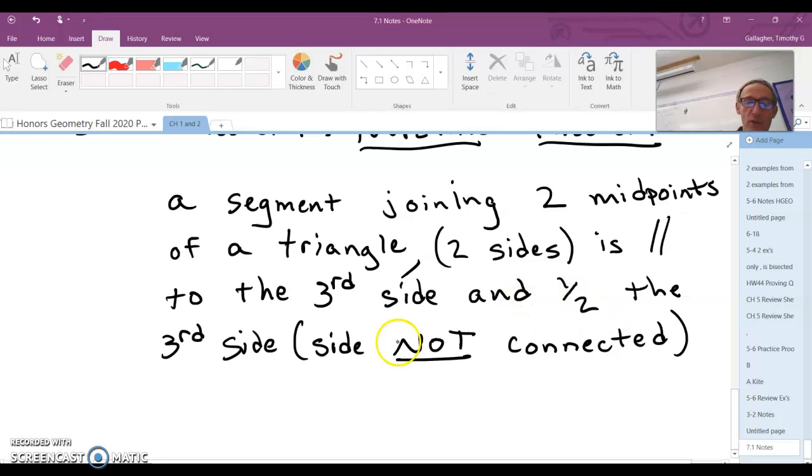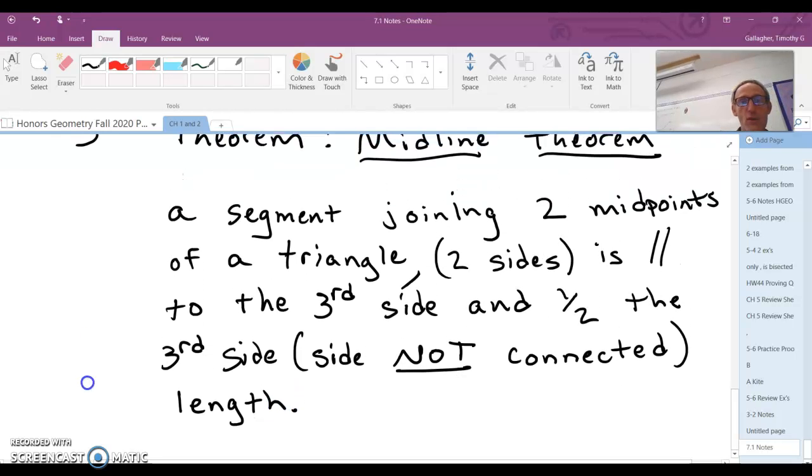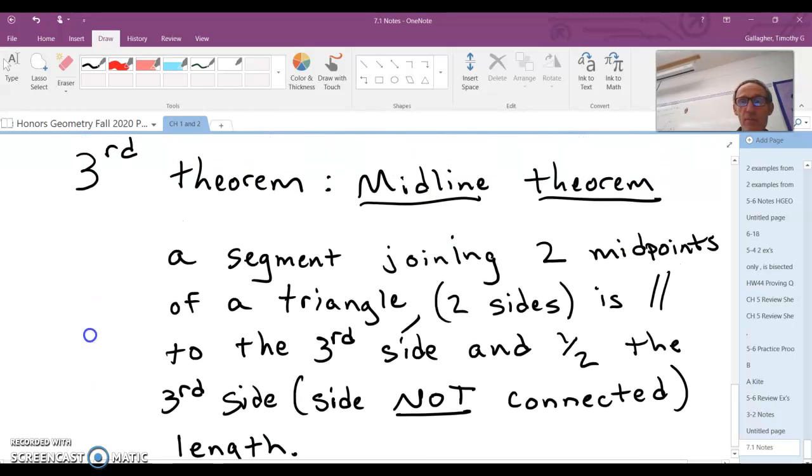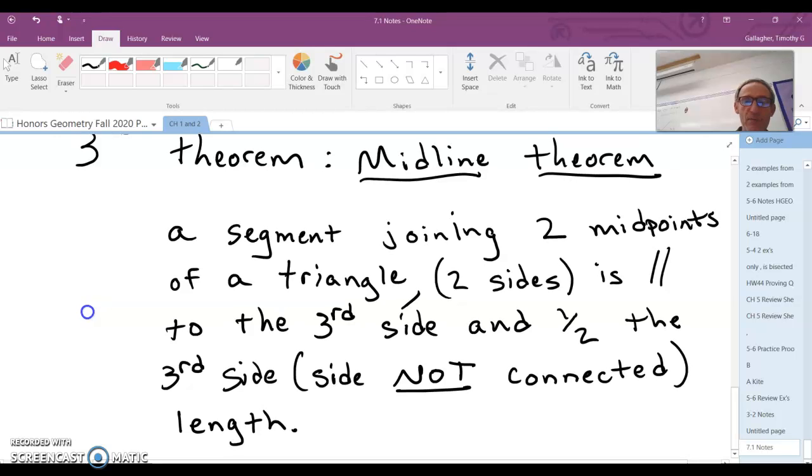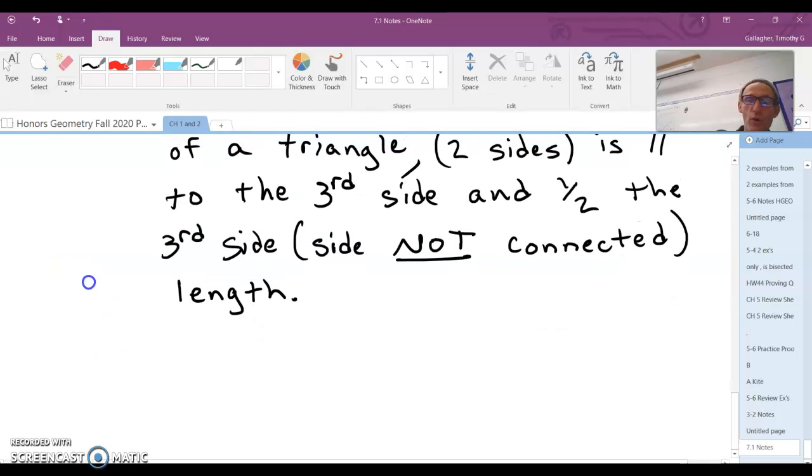So the third theorem is the midline theorem, which is a segment joining two midpoints of a triangle, two sides, is parallel to the third side and half the third side length. So, here's a diagram.